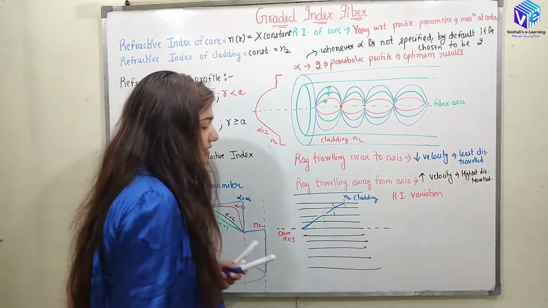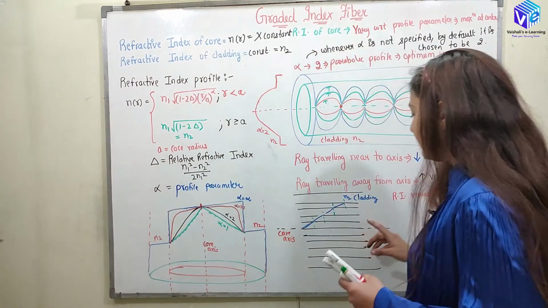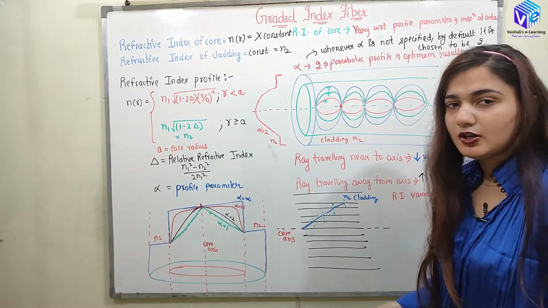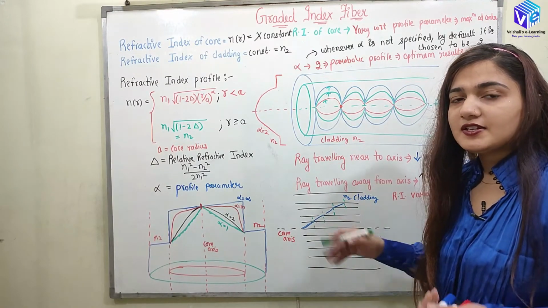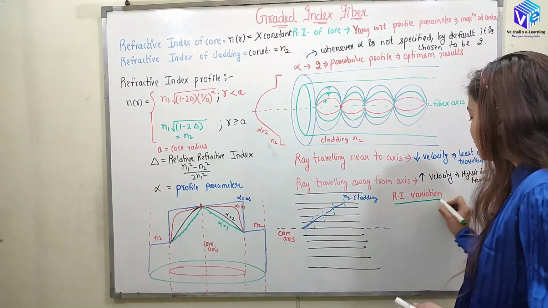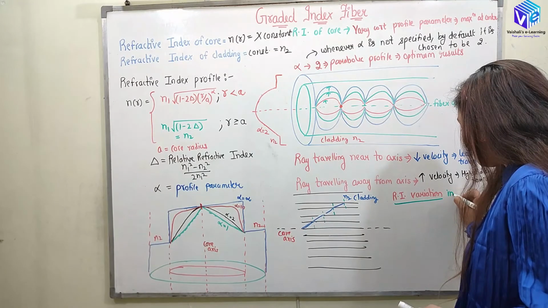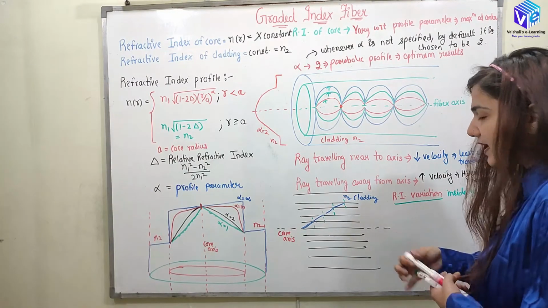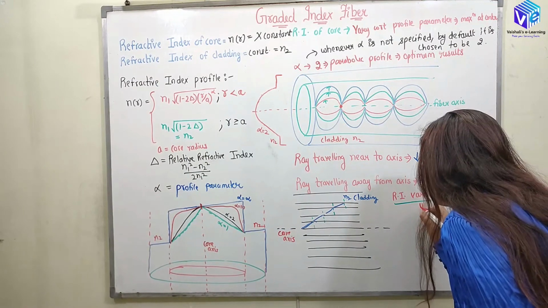So you can see whenever I am changing the path traveled by the ray, or whenever I have the parabolic path, the phase and the dispersion losses will be compensated. So the refractive index variation inside the core is going to compensate the phase and the dispersion losses.